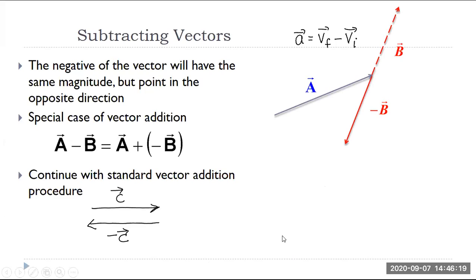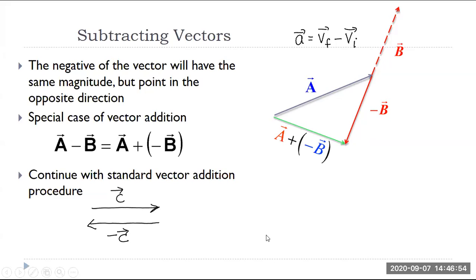So there's minus B. So I have A, and then I'm adding to it, connecting to the tip of A, vector minus B, which is exactly opposite of B. And then my resultant vector is a vector that starts at the tail of my first vector and goes to the head of my last vector, which happens to be minus B. Somehow I switched the color here, sorry about that. So that would be my A minus B that points along here.